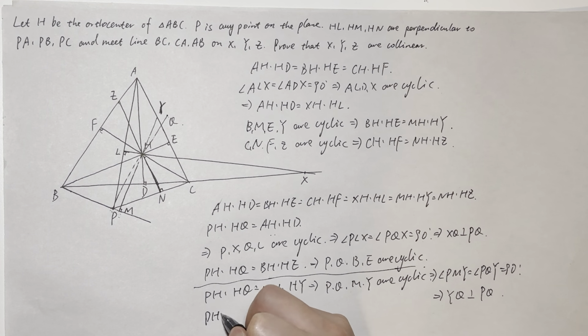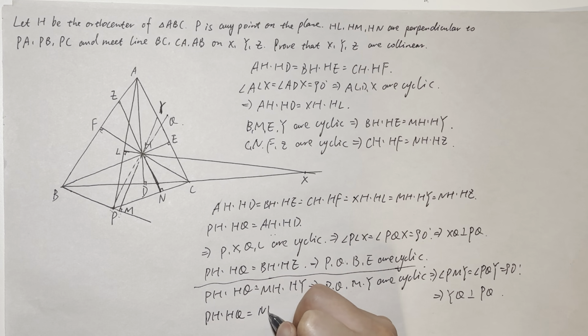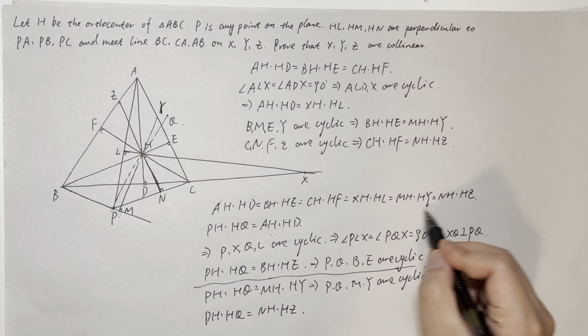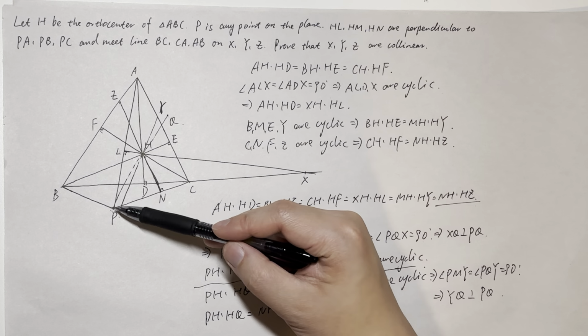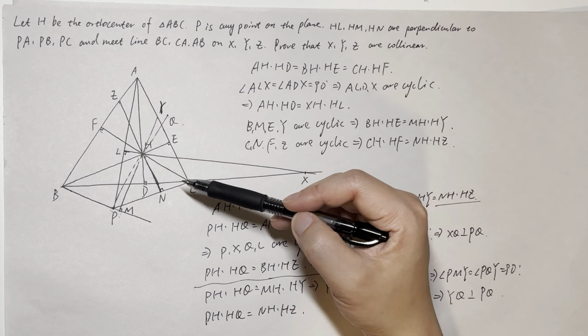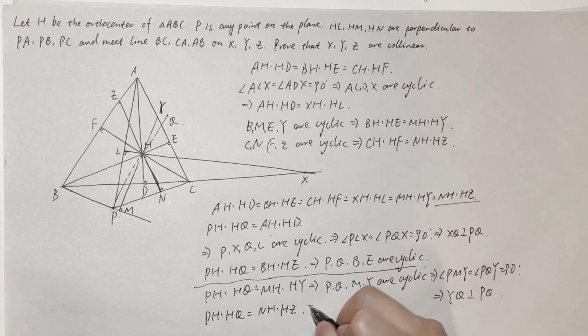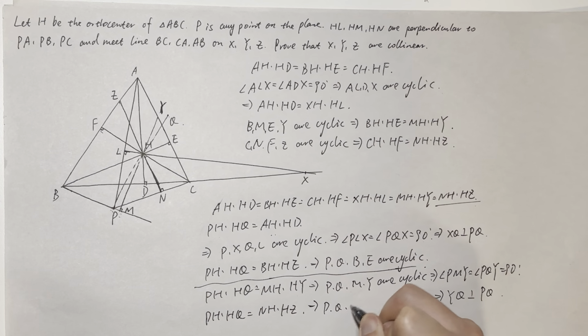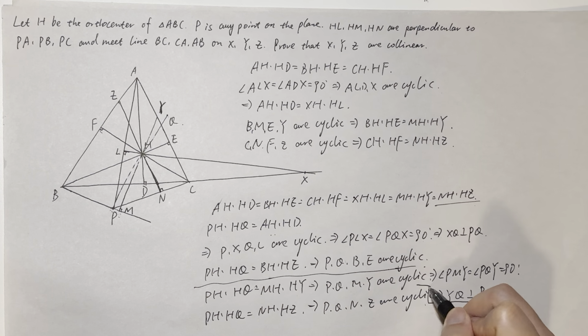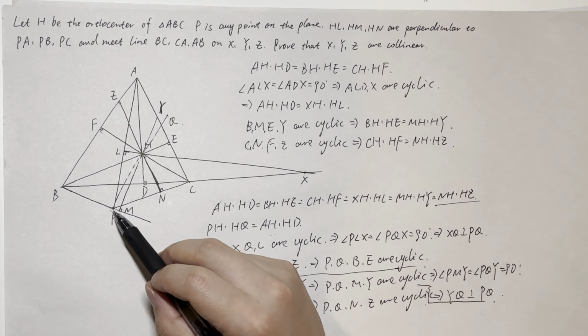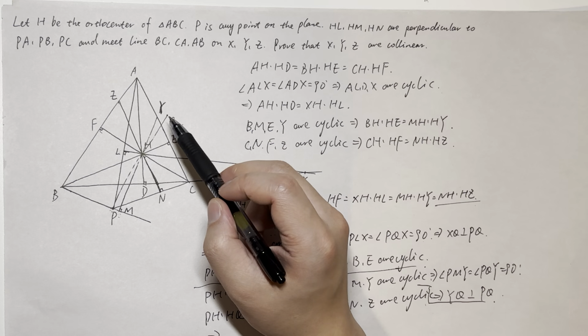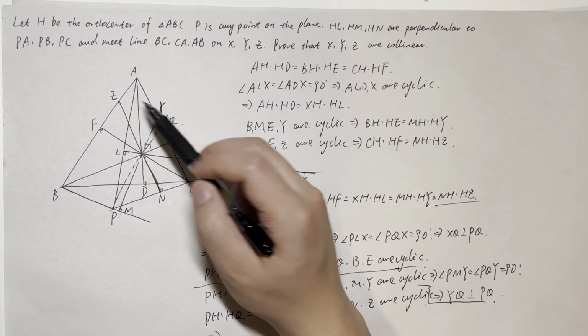And also PH times HQ equals NH times HZ, right? That means P, N, Q, Z are cyclic, which means angle PNZ equals angle PQZ, right?